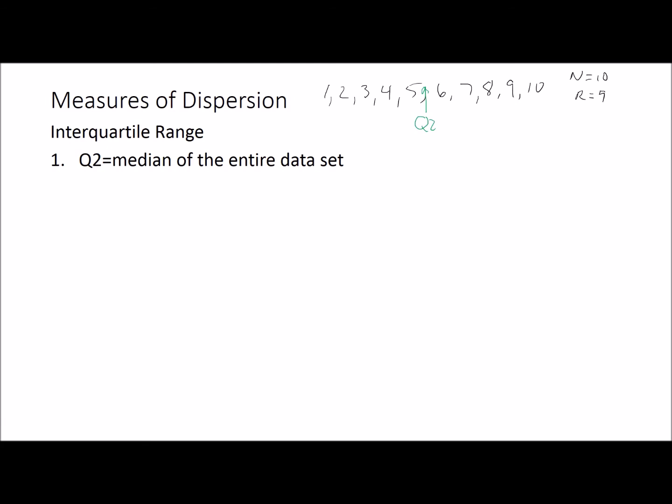So Q2 would equal 5.5. And remember, go back to the central tendencies video to see how that gets calculated in finding the median.